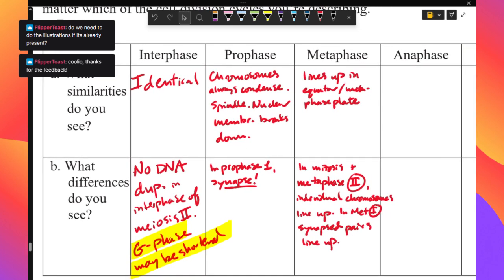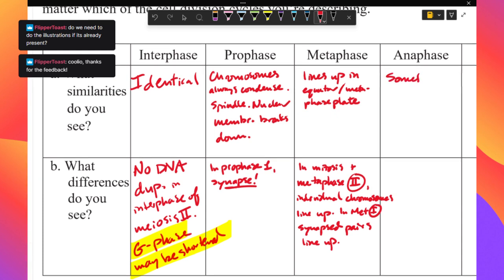All right, anaphase, things are starting to move apart. It moves towards the poles of the cell, opposite poles of the spindle. Anaphase in mitosis and anaphase 2.